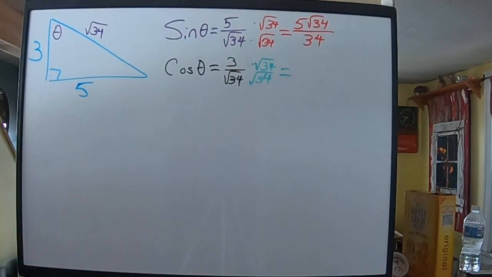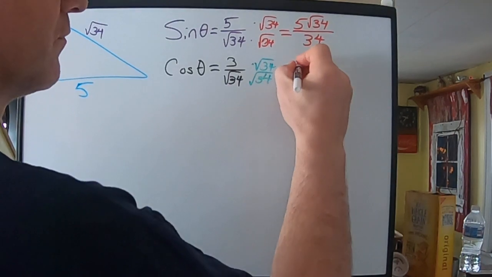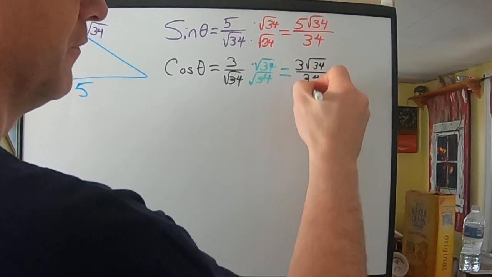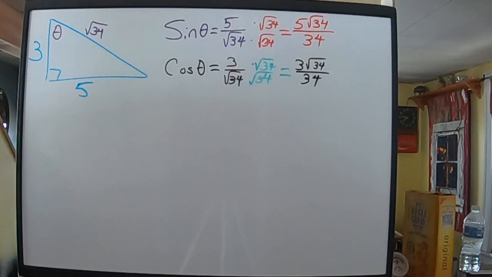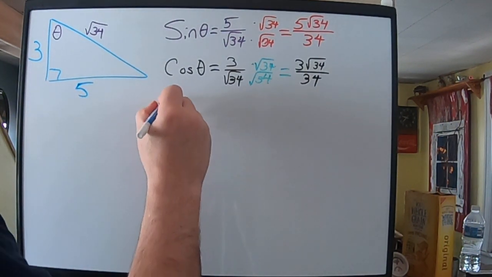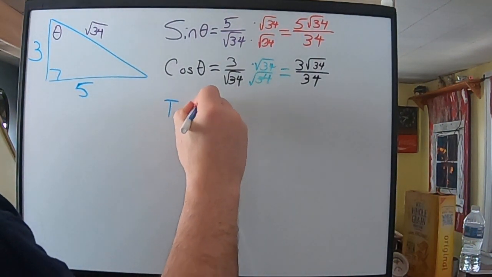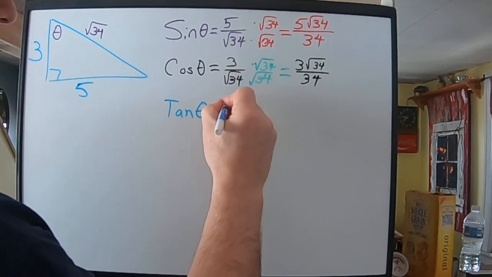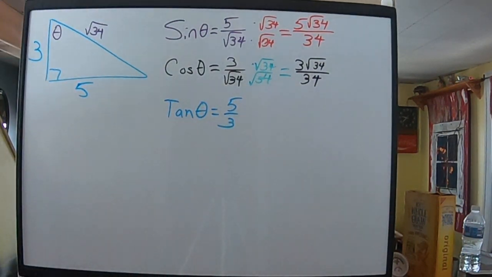And I end up with 3 square root 34 over 34. Now, not all of them are going to require a lot of square roots here. Just a few will have square roots. So the next one I'm going to do is tangent of theta. Now that one's kind of nice. Opposite over adjacent, which is 5 over 3.